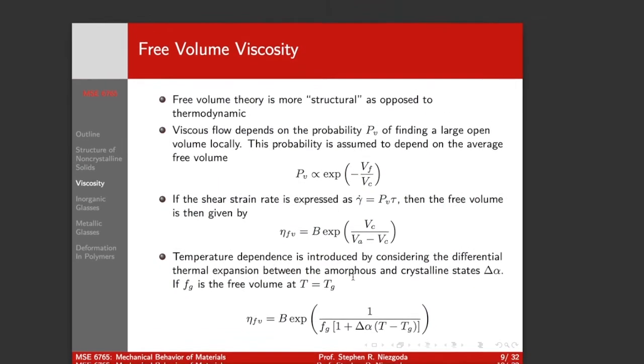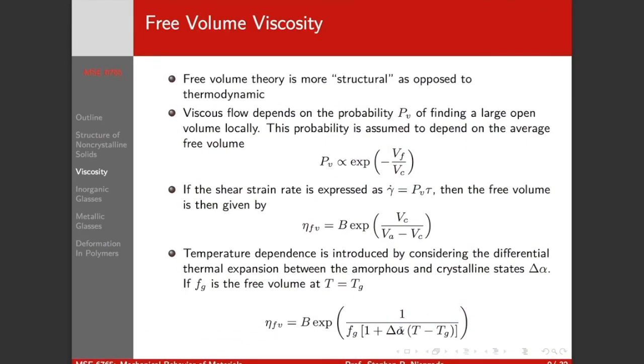So we can consider that temperature change is going to alter your local free volume concentration because of this differential thermal expansion. And so we have a free volume viscosity that looks like this. Right?